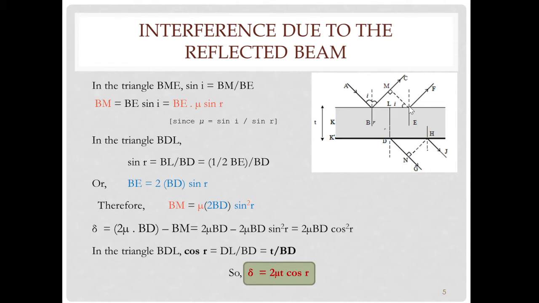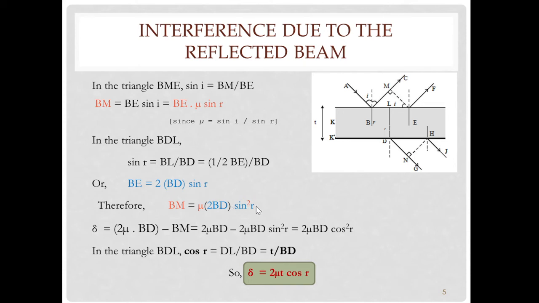So sin r is 1 by 2 BE divided by BD. So BE can be written as 2 times BD sin r. So we substitute the equation of BE in the equation for BM. So we can write BM as mu times BE sin r, which will become mu times 2 BD sin square r.